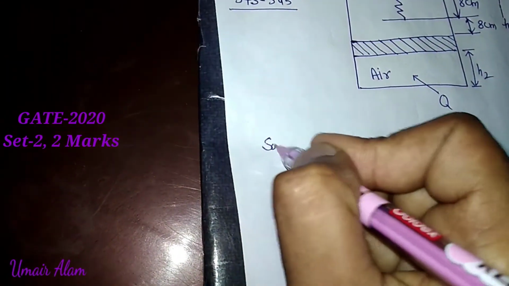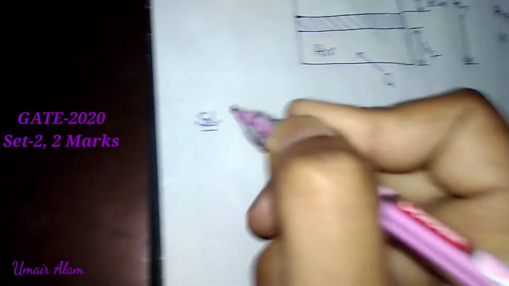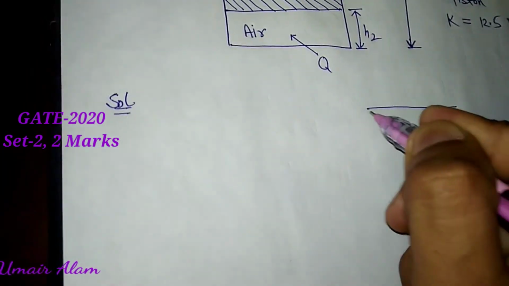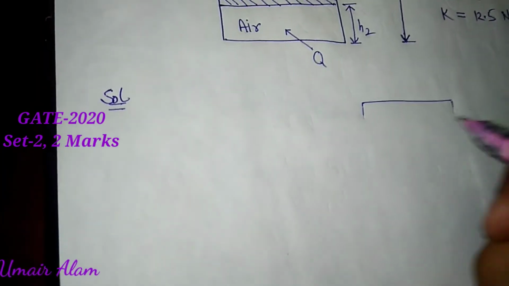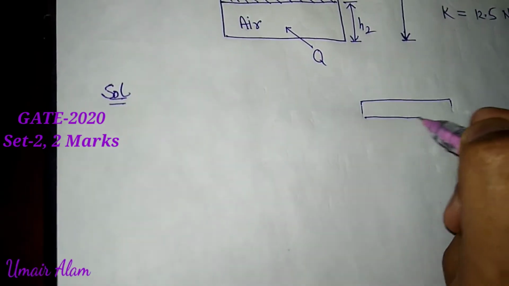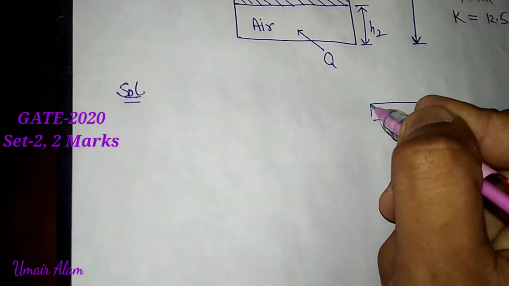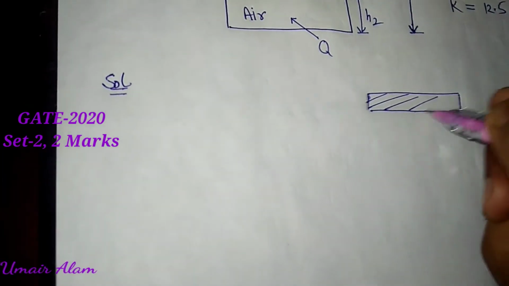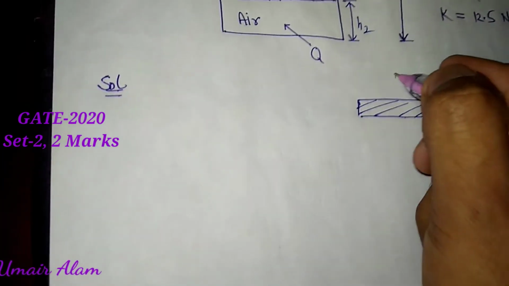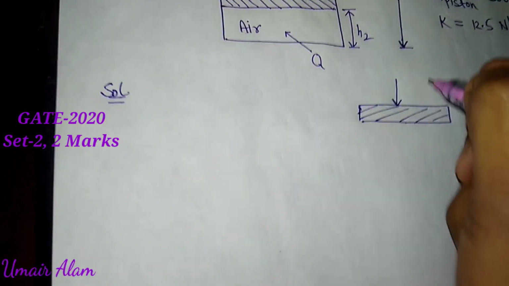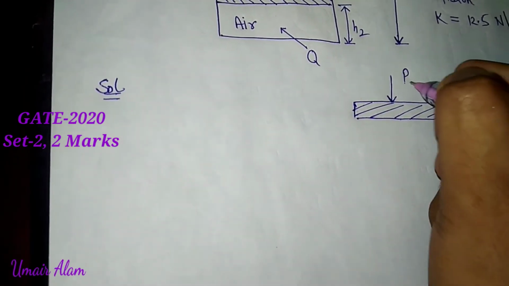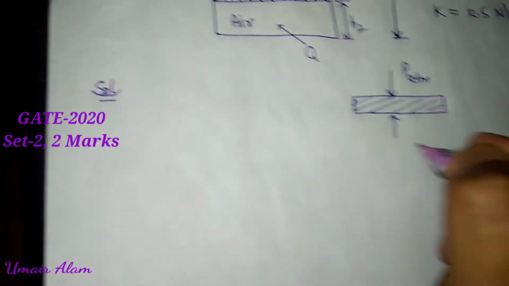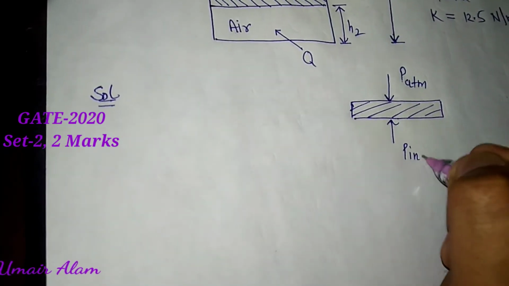Solving this question, first I will draw the picture of the piston, in which pressure will be shown. This is the piston, and this pressure is due to the atmosphere. So this is atmospheric pressure, and this is the P initial.